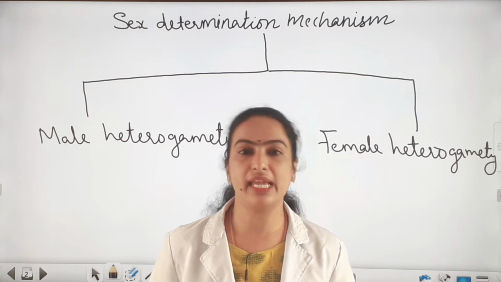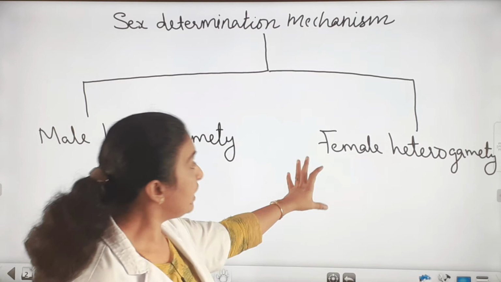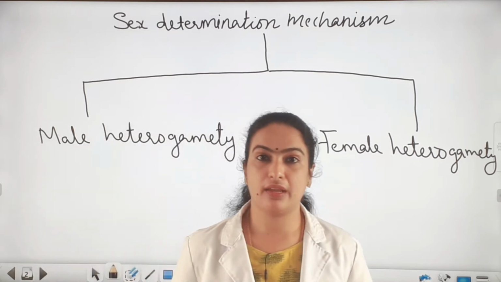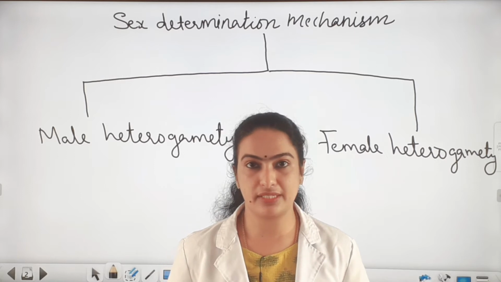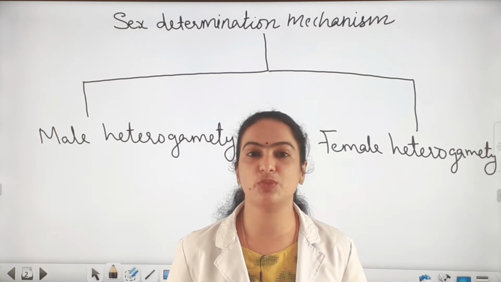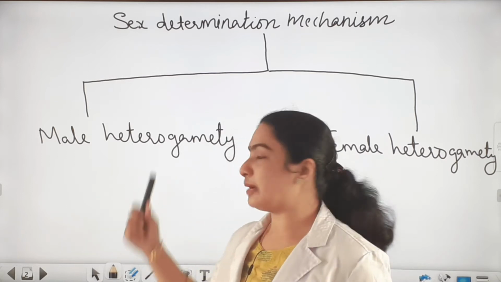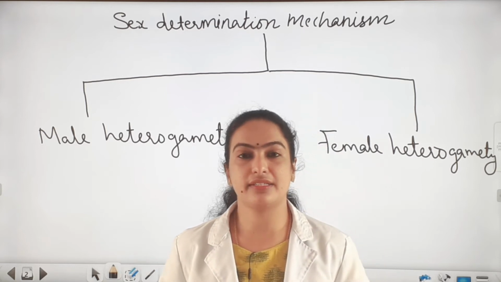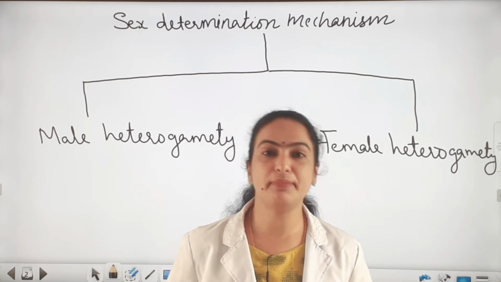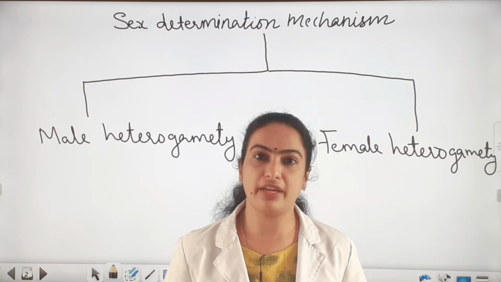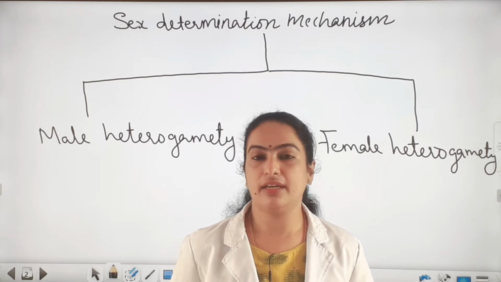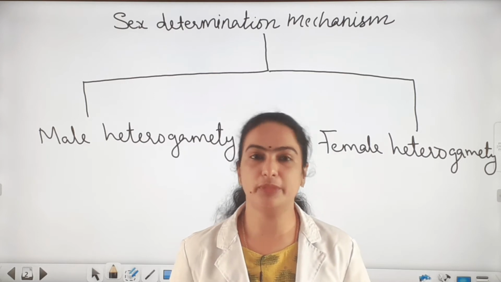When the females are producing two dissimilar gametes, that is called female heterogamety. As you know, in human beings we can see male heterogamety, and the females have similar gametes, XX. Male heterogamety is XY in human beings.